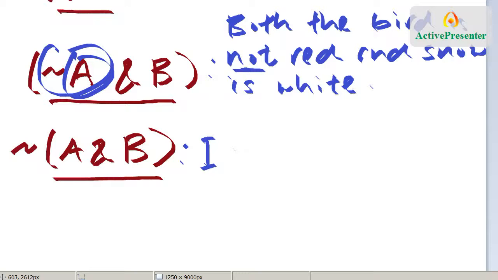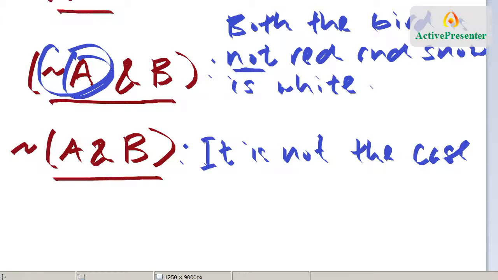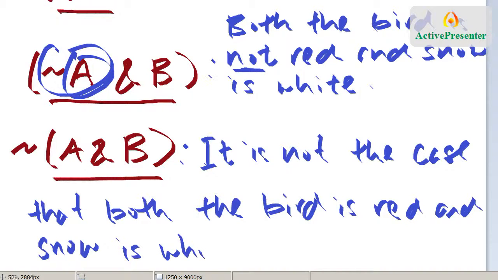So we'll start with that. Okay, so we have, it is not the case that both the bird is red and snow is white.